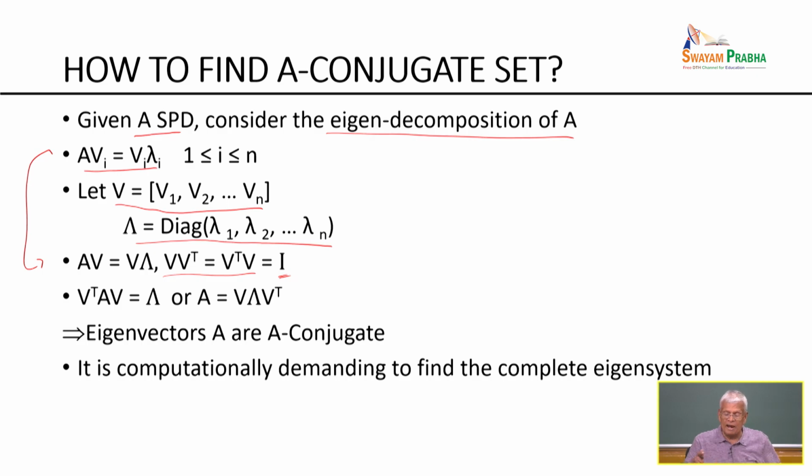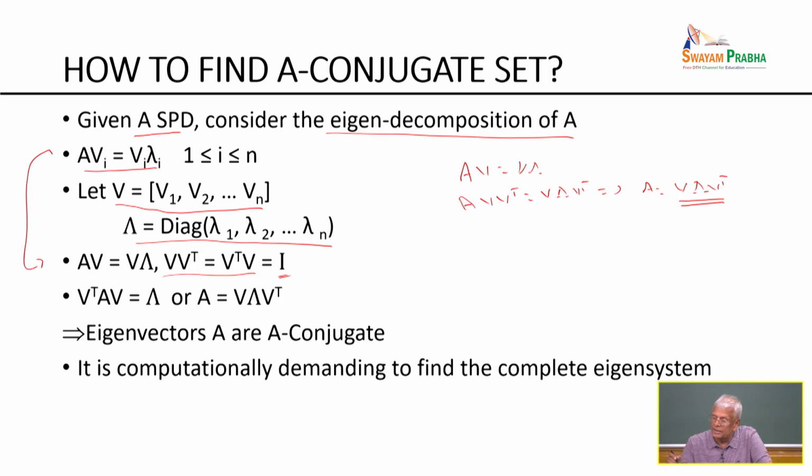So, AV is equal to V lambda. If I multiply both sides by V transpose, AV V transpose is equal to V lambda V transpose, that implies A is equal to V lambda V transpose, because we already know V transpose V is identity. This is called the eigen decomposition.